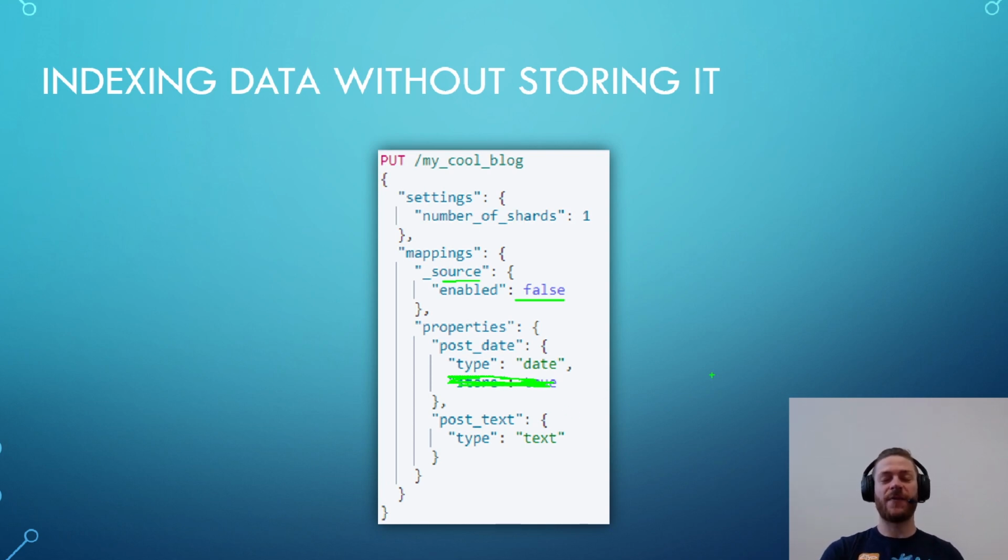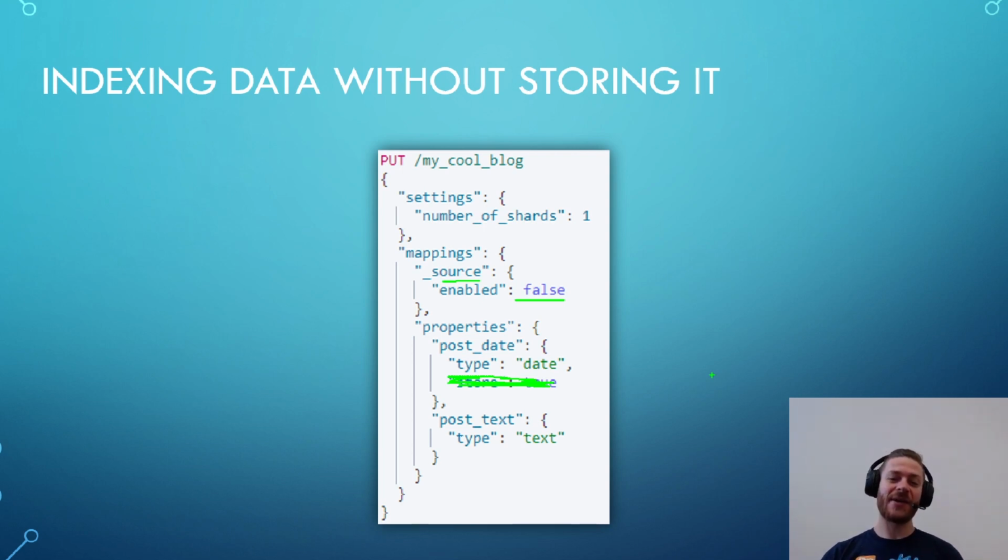You will save space. I'm not saying that this is the best practice. It depends on whether you want to store the data in Elasticsearch or you want to just index it. It depends on the situation. Sometimes you don't want to store the data in the general purpose database. It's completely fine.